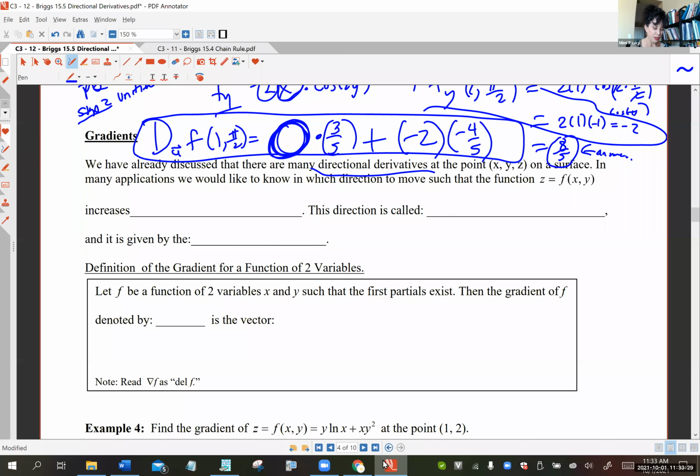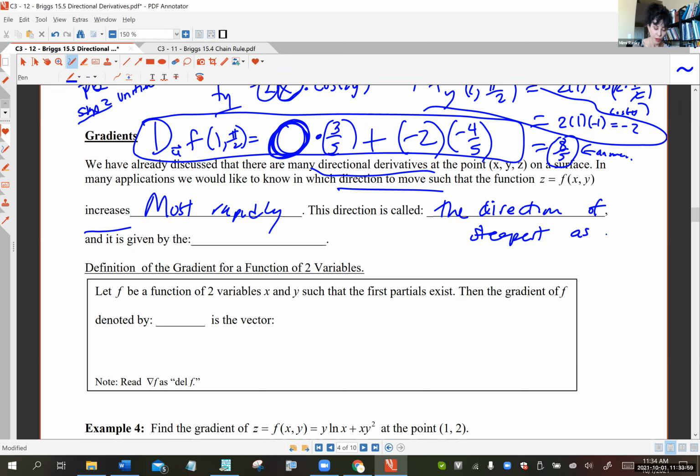Okay. So here's the question. In a lot of applications, you might want to know which direction you should go if you wanted to go in the maximum slope possible, or in the direction that the function increases most rapidly. And this is called the direction of steepest ascent. It's basically the maximum slope you're going to get.